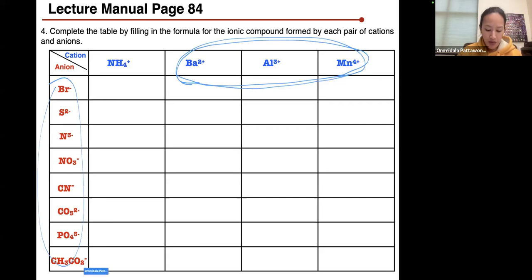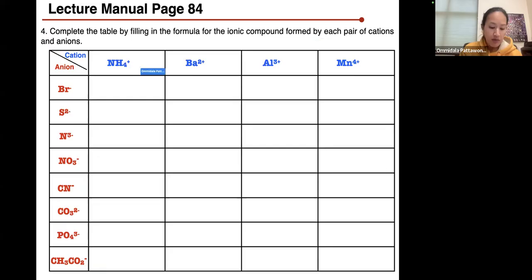The problem comes when you see a cation that doesn't have a metal element, such as ammonium. Ammonium is the only cation that contains all non-metals. Nitrogen and hydrogen are non-metals, but overall this is a cation, making the compound that contains ammonium classified as an ionic compound.